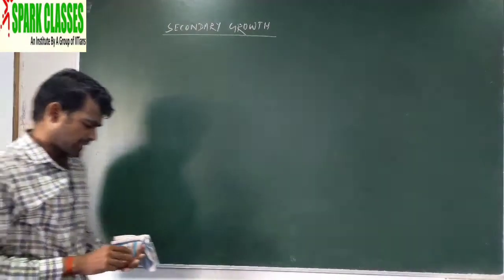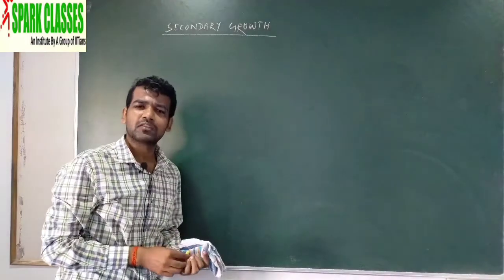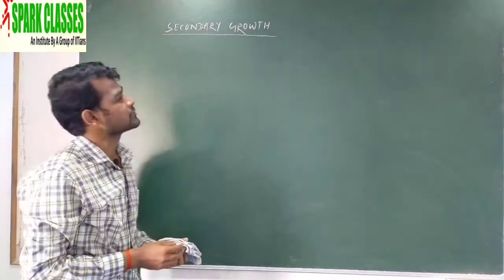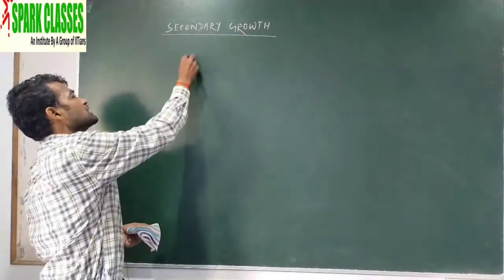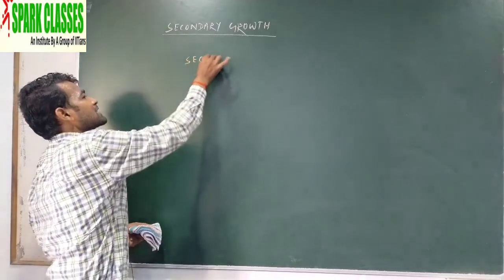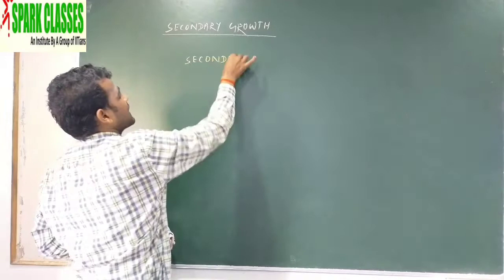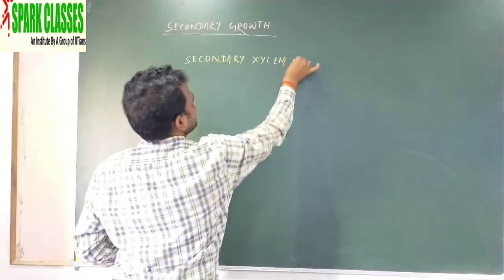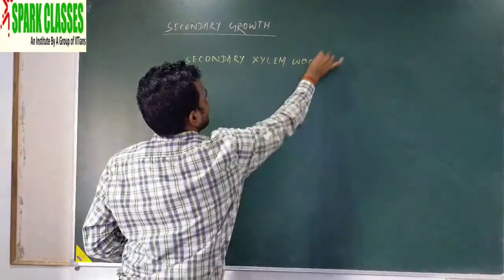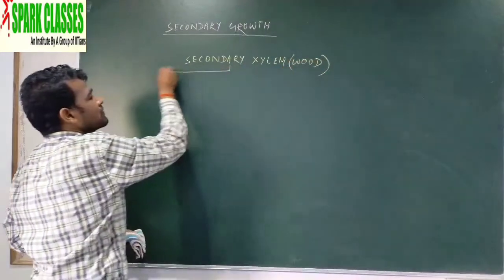To recall, last class I told you that when secondary growth takes place, mainly secondary xylem is produced, the maximum amount. Secondary xylem is also known as wood, and two types of wood are produced depending on the season.